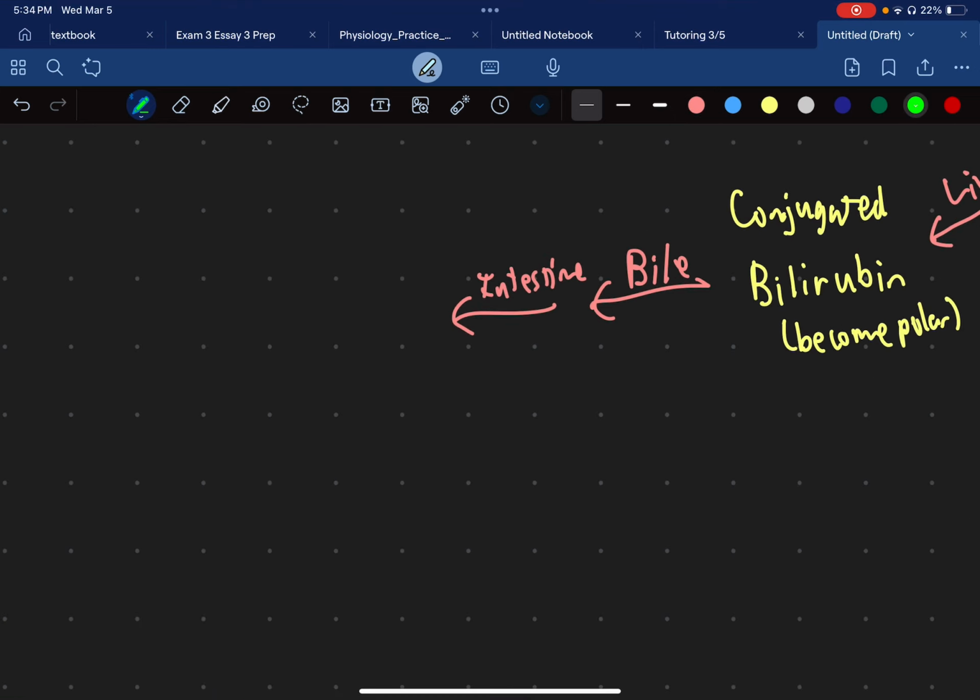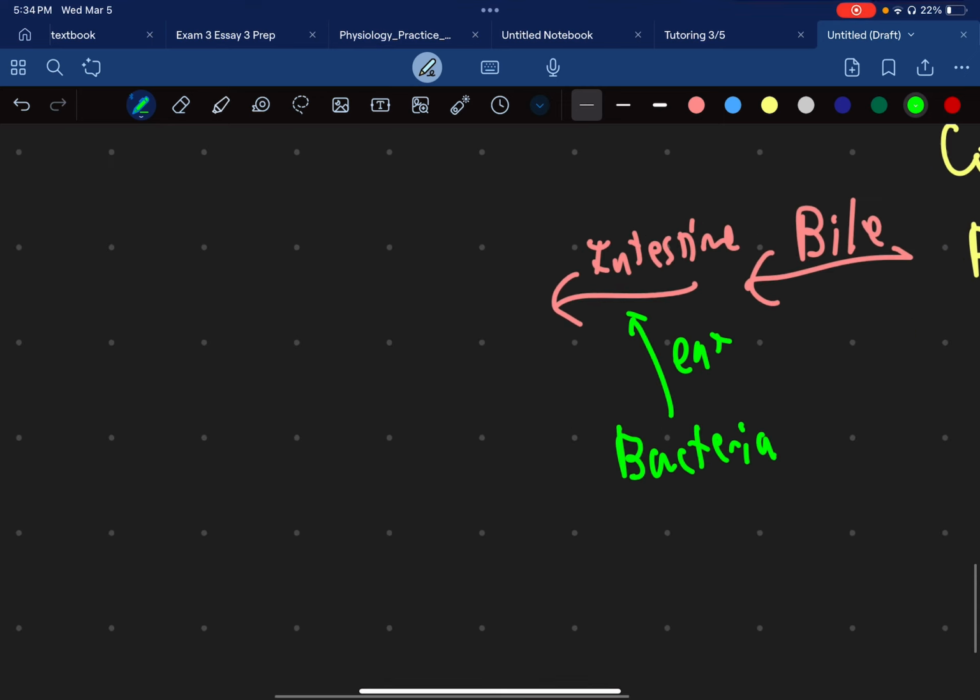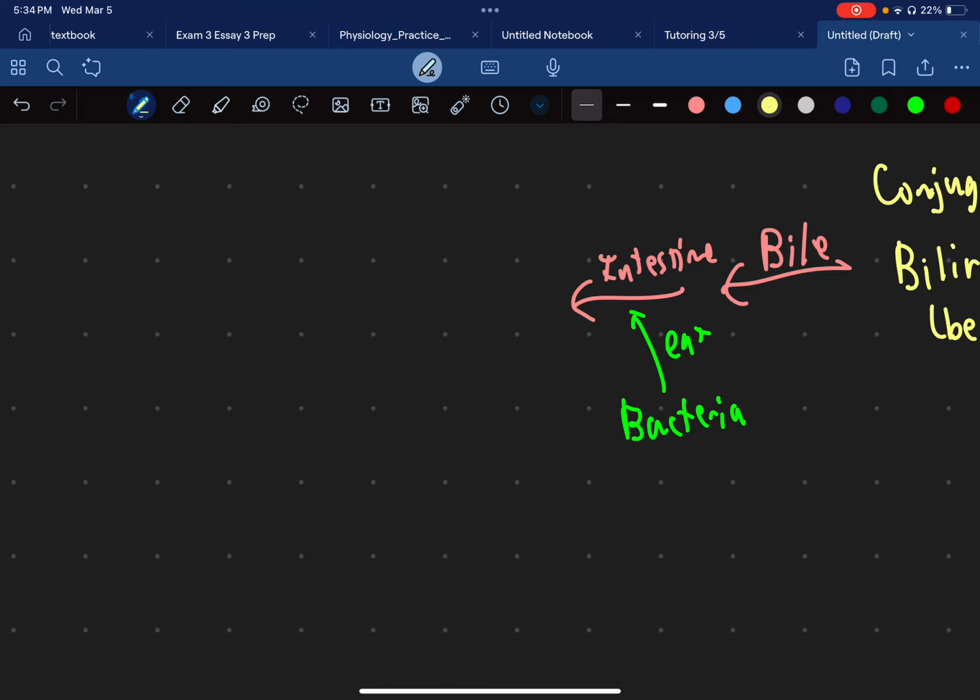And in the intestine, bacteria are going to come in and eat everything around the bilirubin. And they're going to turn the bilirubin into something called urobilinogen.